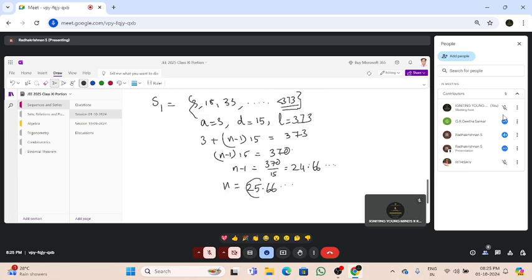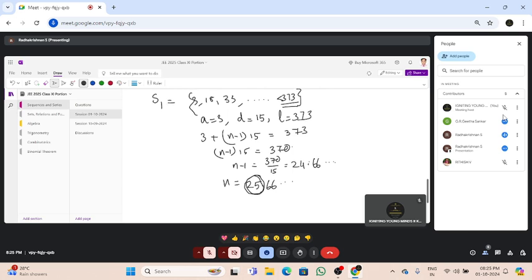You have to take n as only the integer part. Leave out the 0.66, that's all. So that will be your correct n.